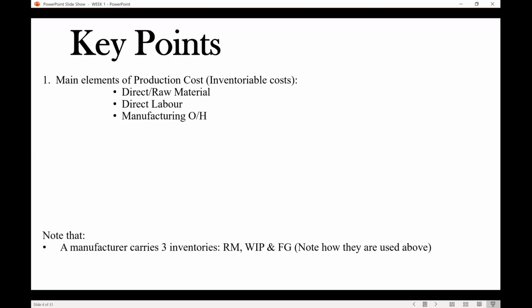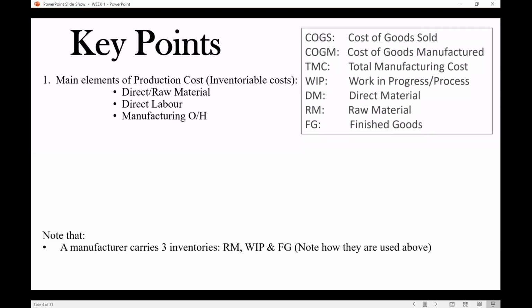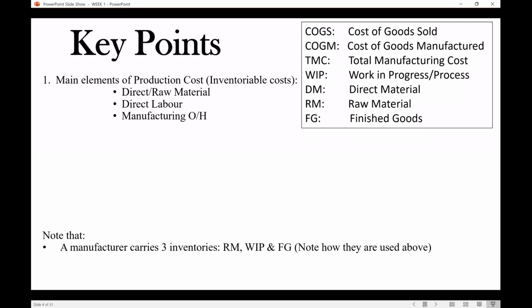Note that a manufacturer carries three types of inventory. And we're seeing some shortenings there, RM, WIP, and FG. And we'll be talking about how they are used. So let's look at just a little key, because we won't be writing out all the words, we might be shortening it.